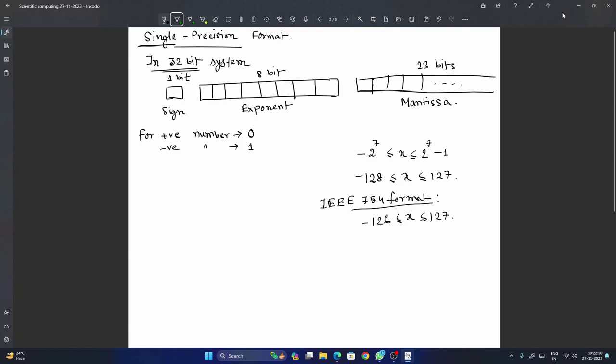And what are these 2 special numbers? One is the INF. This INF, sometimes plus INF or minus INF, means infinity. It occurs when an overflow error occurs. Overflow means you have a 32-bit system and you have a large data, which is beyond the capacity of that system.